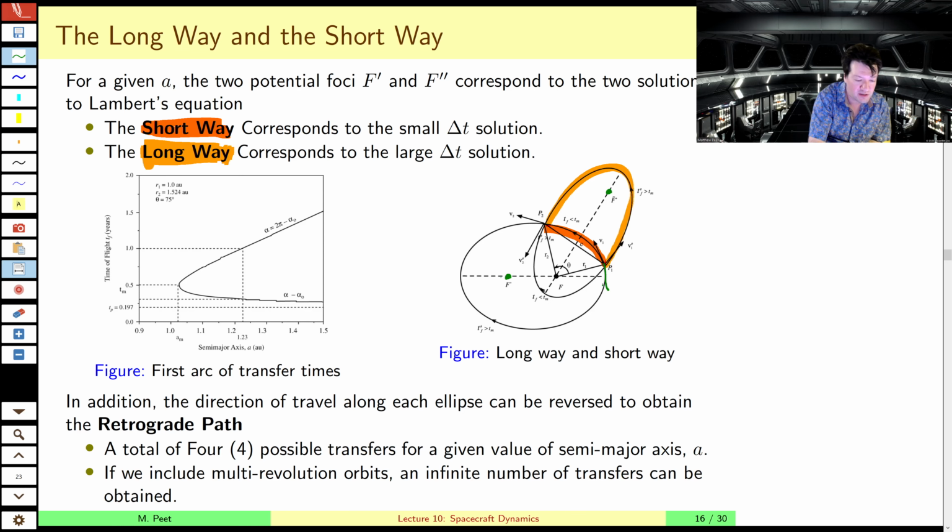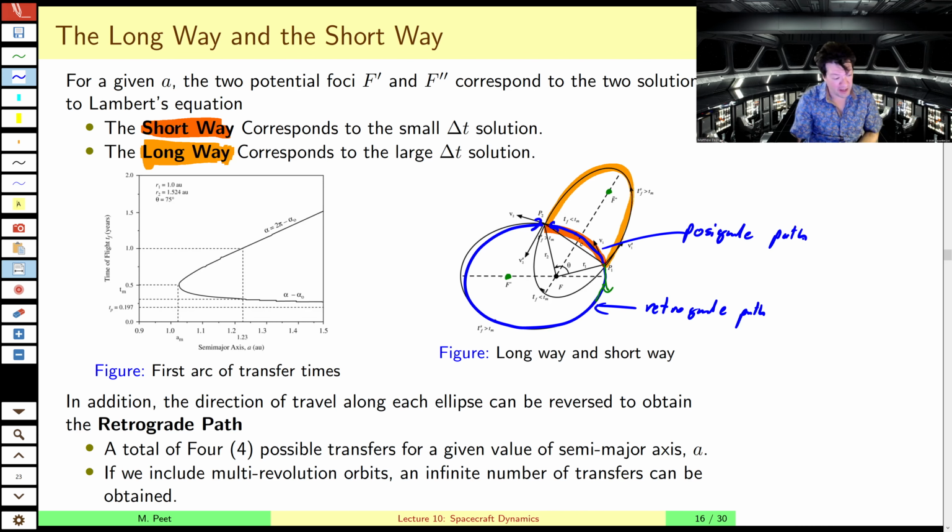So you could get from point A to point B going this way, or you can get there going this way. I refer to this as the retrograde path, and this one as the posigrade path. So this again is for a given a.